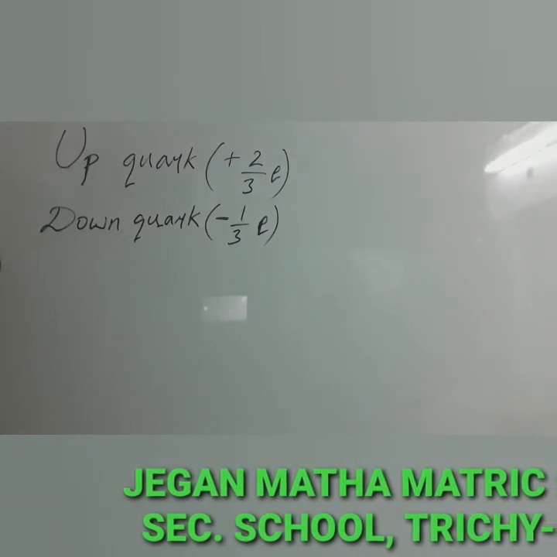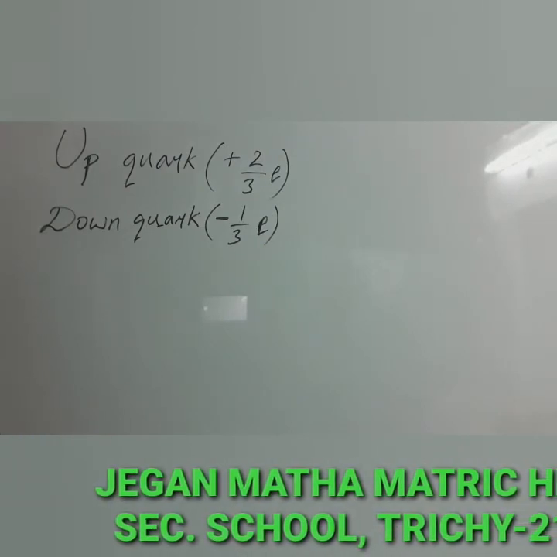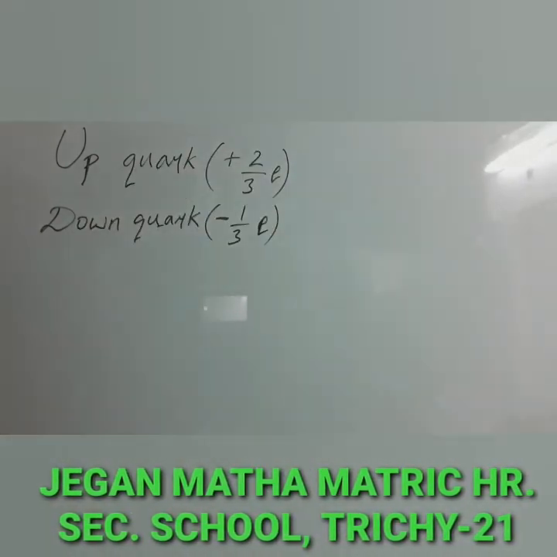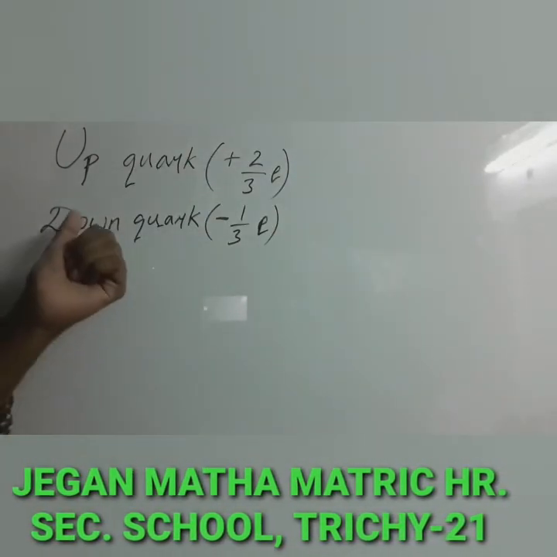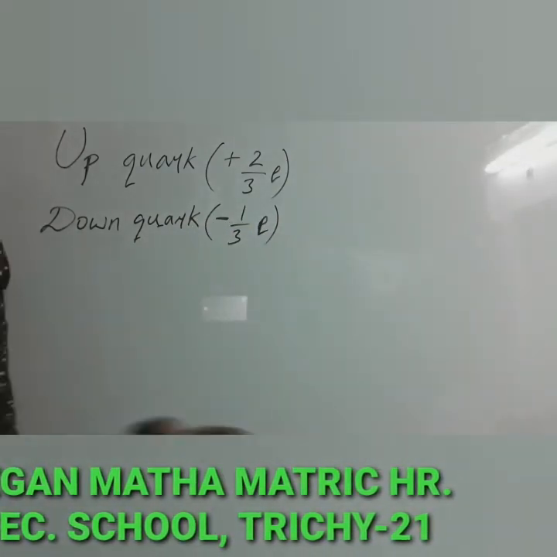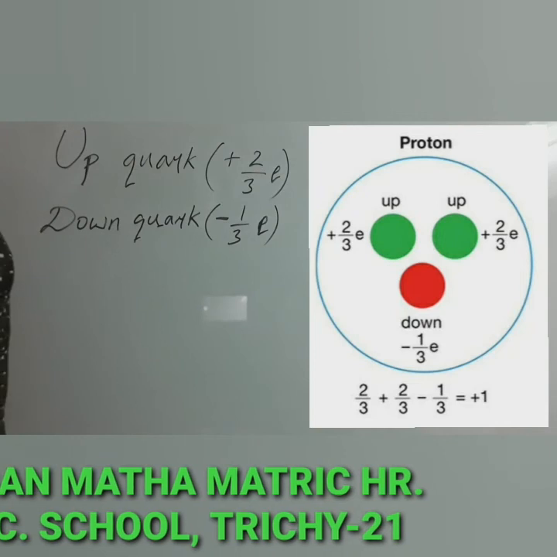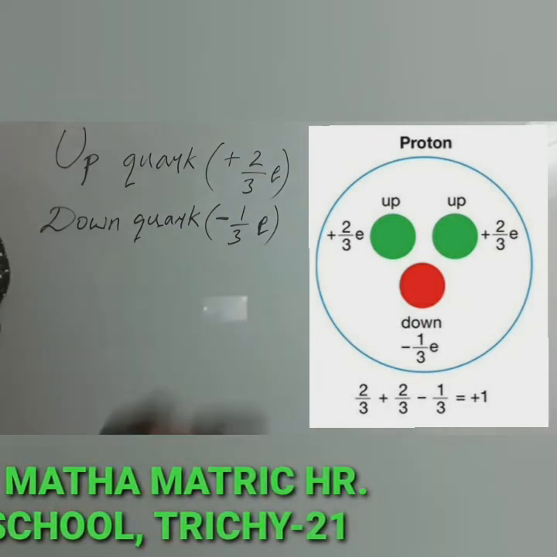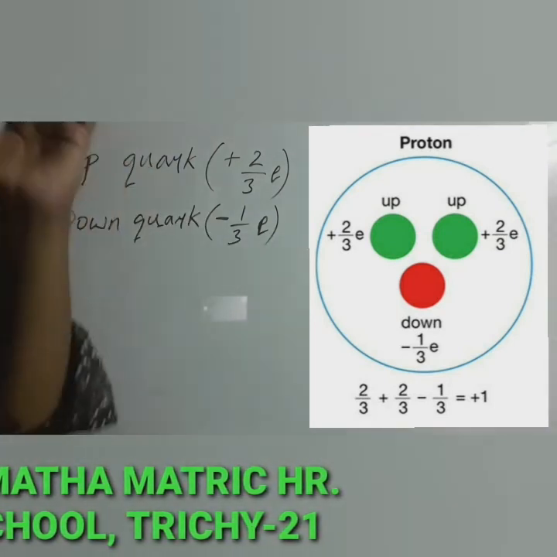For example, the charge of the up quark is plus 2 by 3 e, and that of the down quark is minus 1 by 3 e. According to the quark model, a proton is made up of 2 up quarks and 1 down quark. Then what is the total charge of the proton?